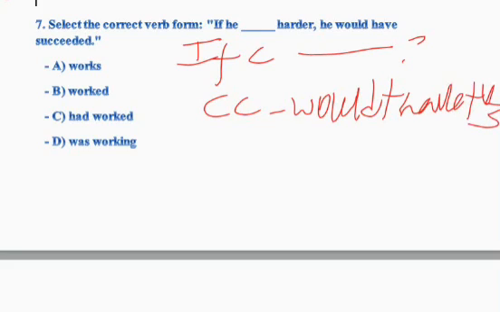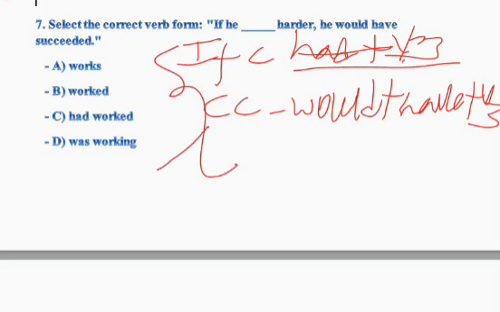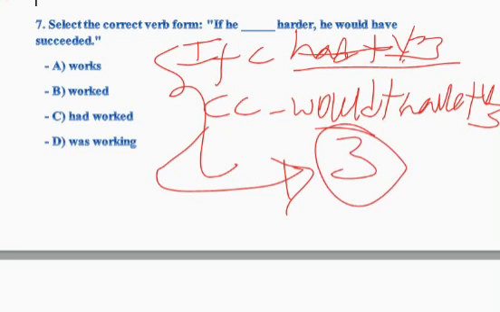If we have this kind of pattern in the format, what would be the if clause? The if clause has to have had plus V3. This means the sentence is conditional type 3.